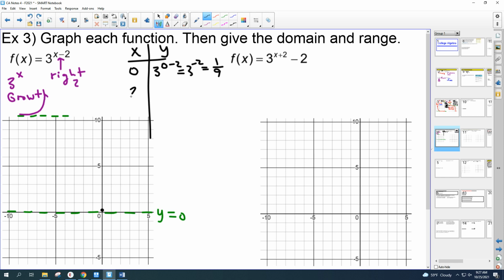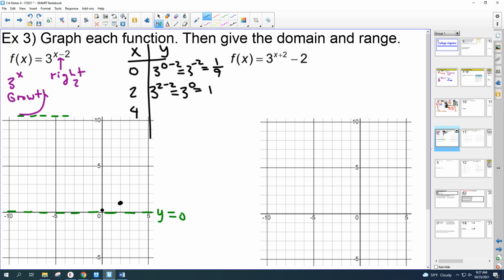In this case, I actually think 2 would be the best number to pick, because when we do 3 to the 2 minus 2, that's going to end up being 3 to the 0, which is 1. So 2 comma 1. And so then let's do, like, I don't know, 4.